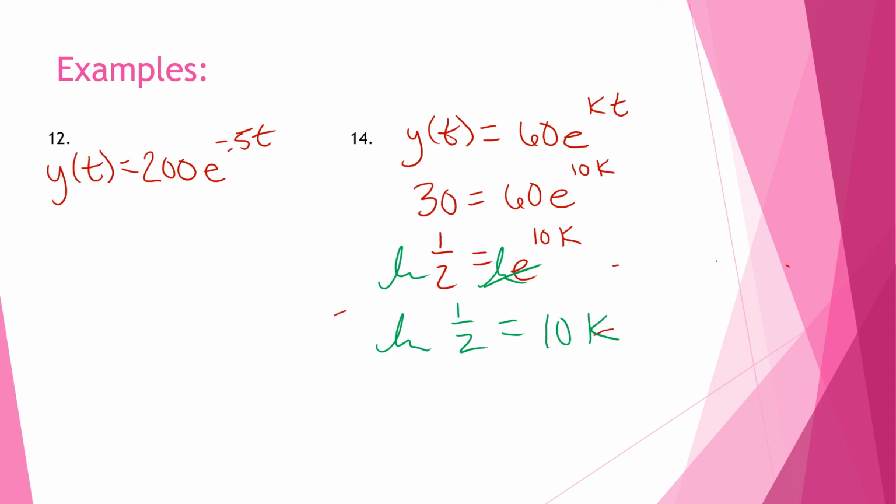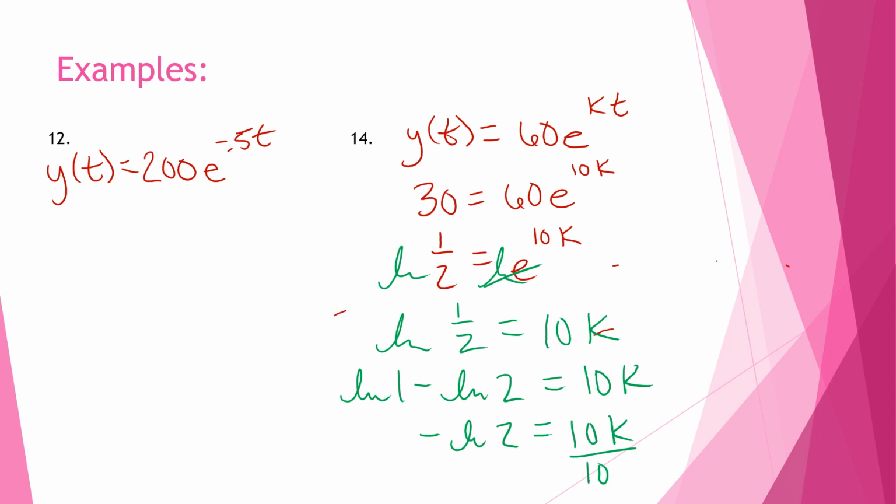Now remember that the natural log of 1/2 is basically your division rule, so if you go back and remember your log rules, I can split that into the natural log of 1 minus the natural log of 2, and that's equal to 10k for right now. Well, the natural log of 1 is just 0, so I actually have negative natural log of 2 equals 10k.